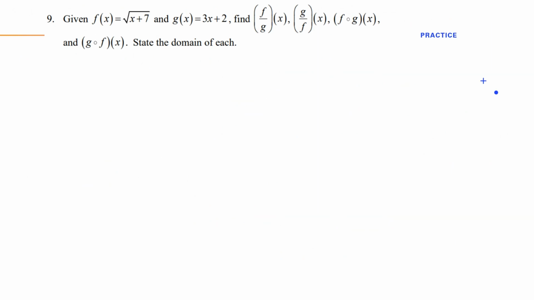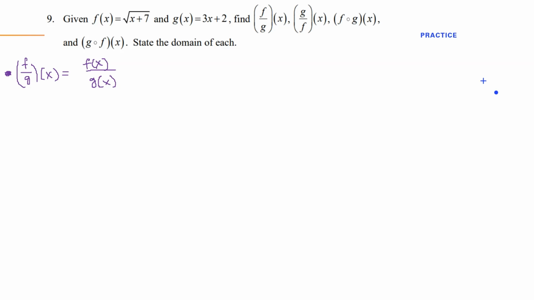Okay, so similarly for these questions, we will find f divided by g of x. That will be f of x divided by g of x, and g of x has to be different from 0.